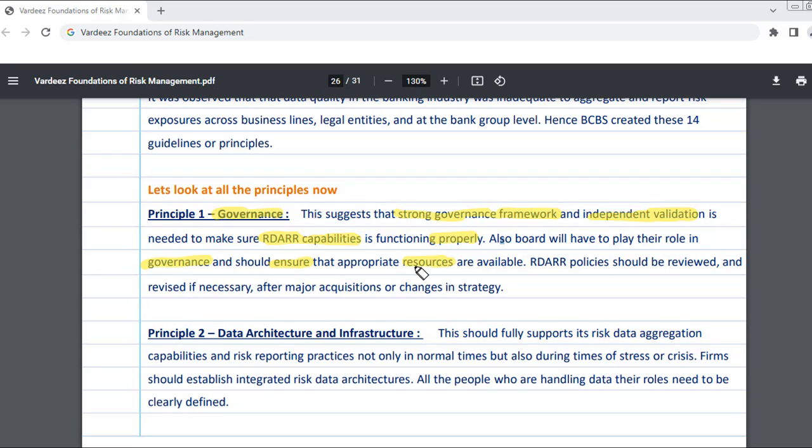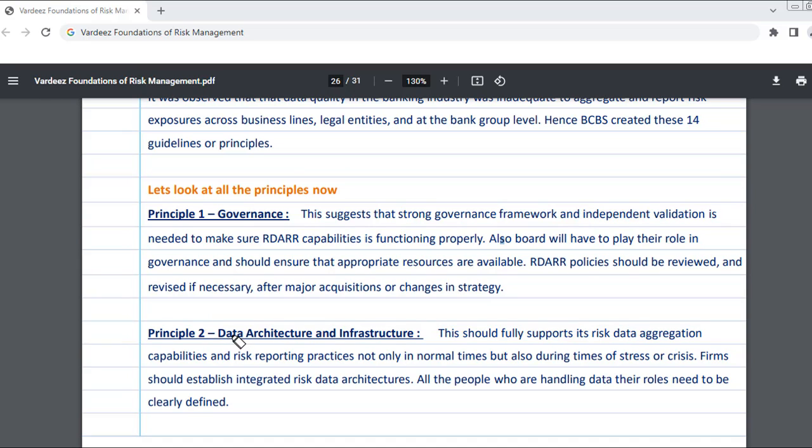So that's the role of the board. The RDAR policy should be reviewed and revised if there are some major acquisitions or any changes in strategy. If the company has done major acquisitions, then the risk data aggregation policy probably should be revised, or if there are any changes in strategy, they should go ahead and revise that. Alright, so that's the first principle. It talks about governance as a whole.